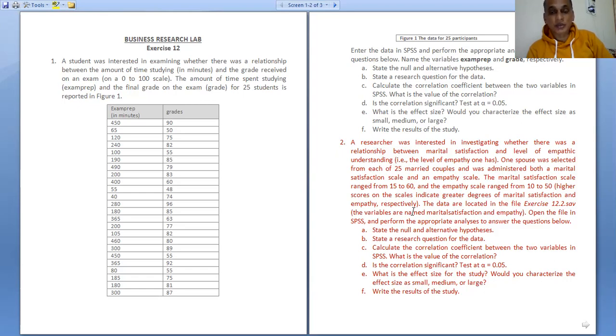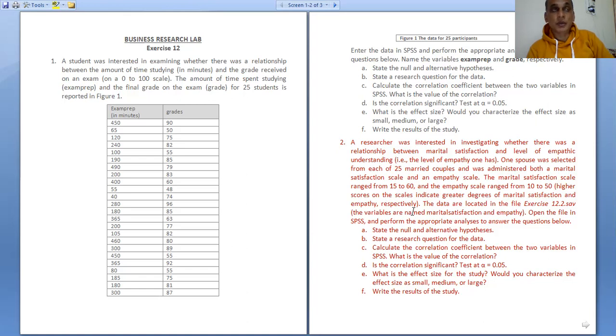Trying to answer the questions here, we are going for A and B, which are more theoretical in nature. A is we have to state the null and alternate hypothesis. And this we have done with the example and exercise one previously: the null hypothesis for correlation questions will be rho is equal to 0.